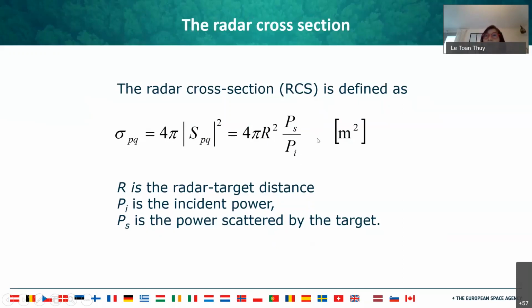The physicists use intensity or amplitude, but they are equivalent. And PI is the incidence power, and since it's distributed over the whole surface, there's a 4 pi R squared, and we use to call it radar cross section.